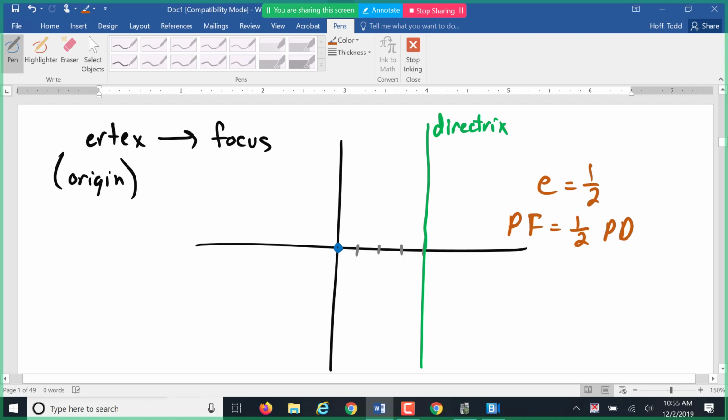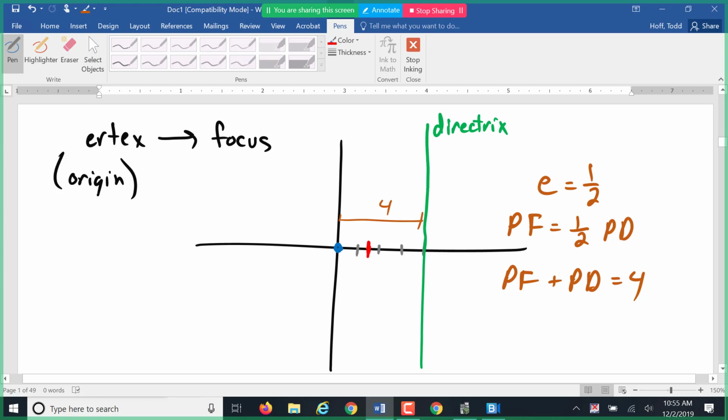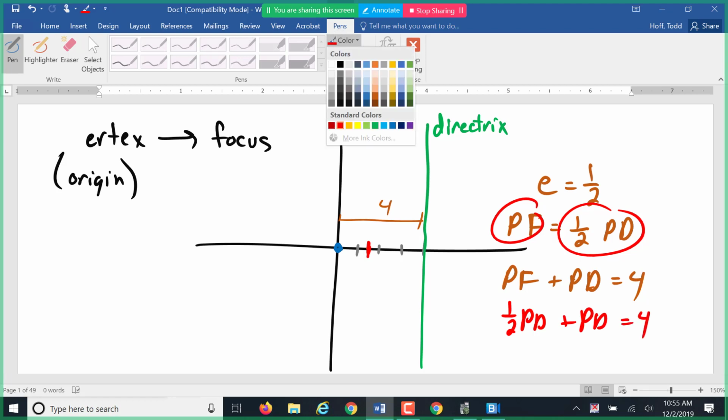What I have right here is I have 4 units between the focus and directrix. So I know that PF plus PD equals 4 units for whatever point is right in between here. I'm looking for a point right on that axis there. Well, 1/2 PD is equal to PF. So I'm going to put that in there for PF. So 1/2 PD plus PD equals 4.